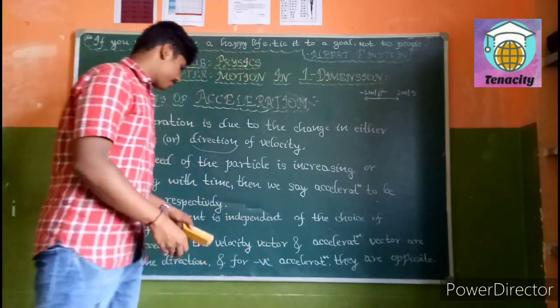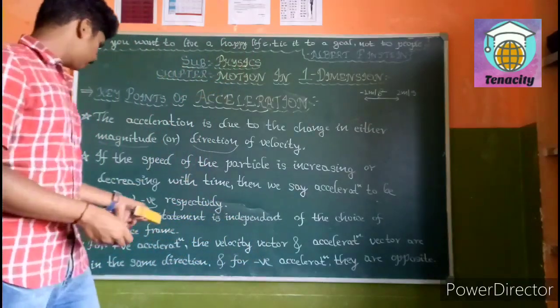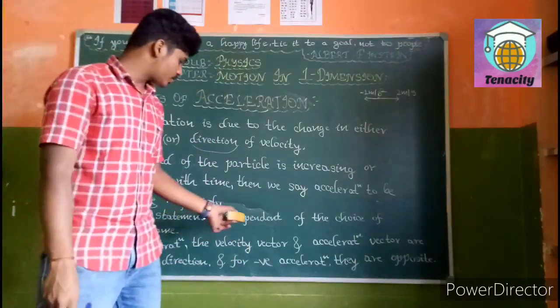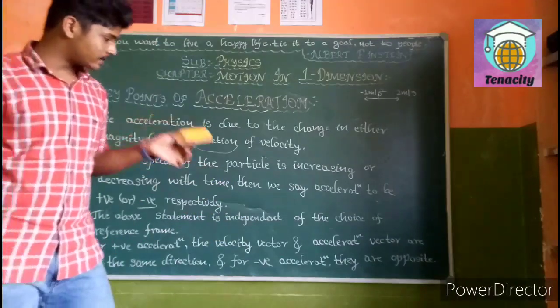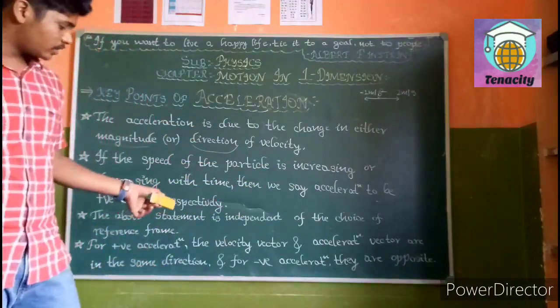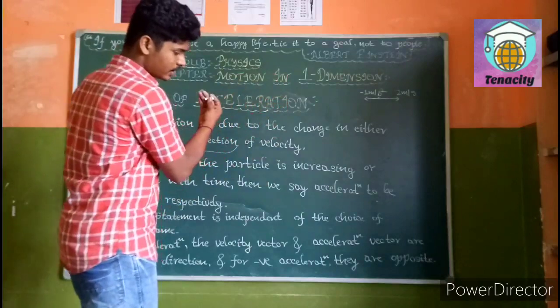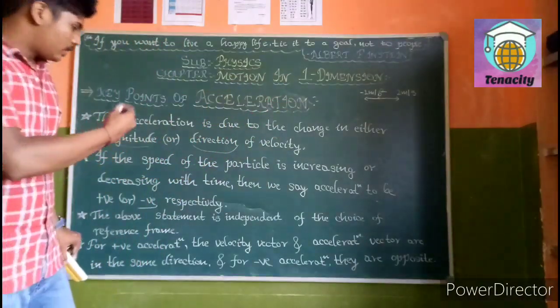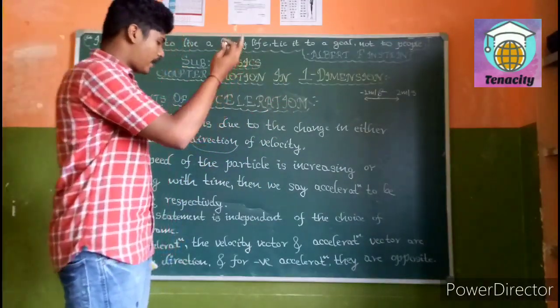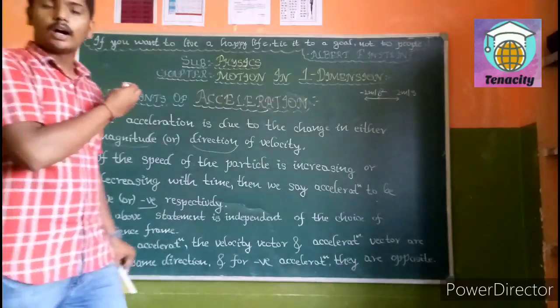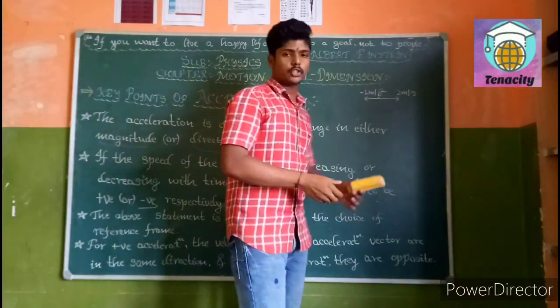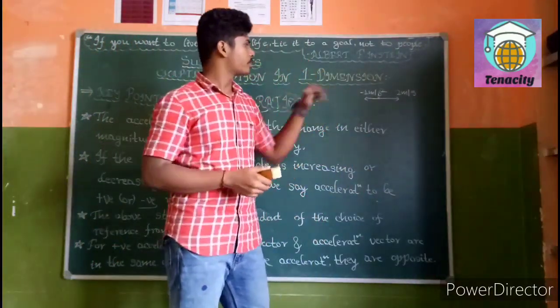Now, for positive acceleration, the velocity vector and acceleration vector are in the same direction, and for negative acceleration, the velocity vector and acceleration vector are in the opposite direction. That is true.